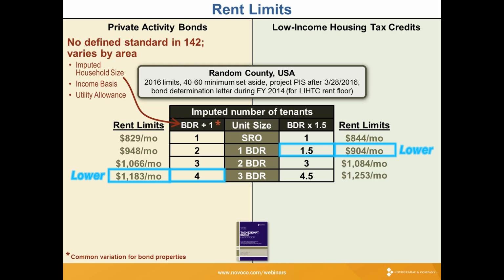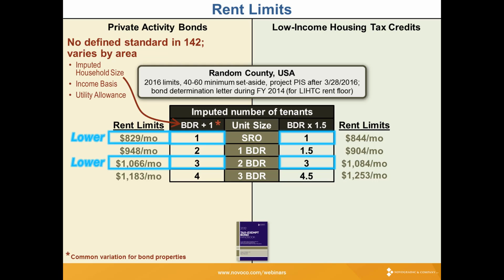And then these are essentially a wash here. So we think, well, why is it that one is 1,066 and one's 1,084? The reason here is the bond determination letter. Remember when I said back in 2014, the tax credit program lets you set a rent floor in case it has dropped since 2014.